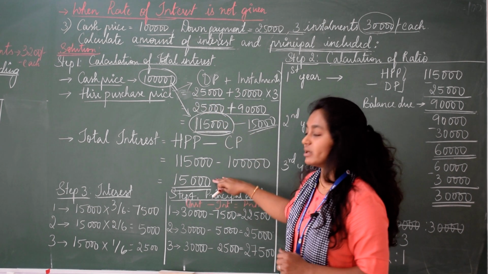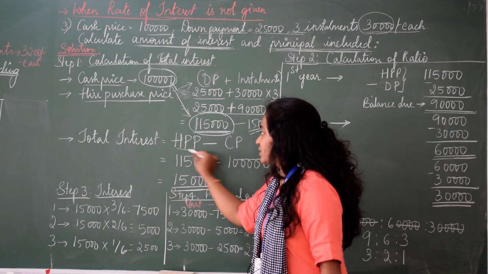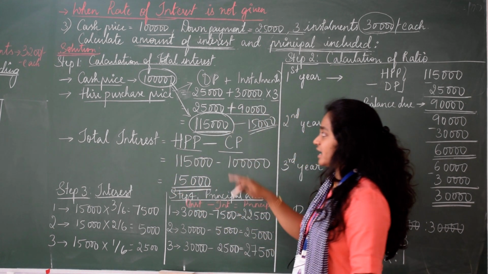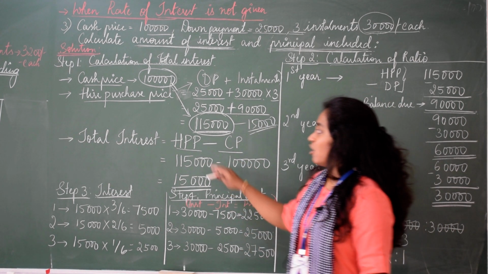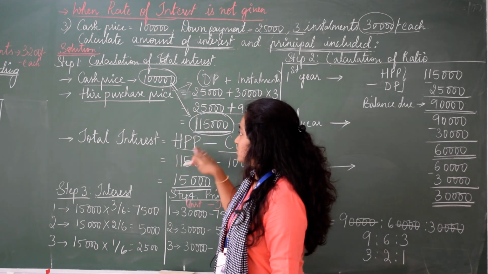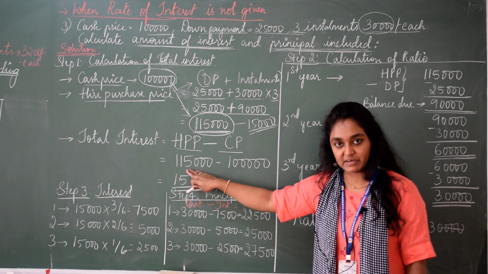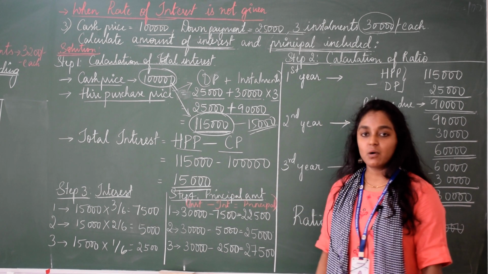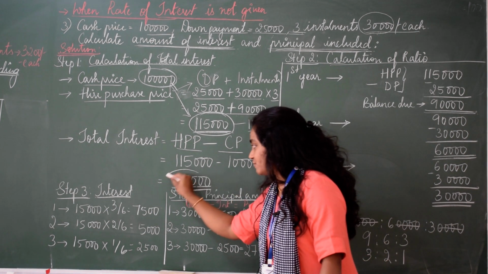But let's show it in the next level, that is, the total interest will be hire purchase price minus cash price. Again, this is a small formula or format that we follow to find the interest. Always after finding the hire purchase price, try comparing both hire purchase and cash price. Hire purchase price is 1,15,000, cash price is 1 lakh. When you deduct, you get a difference of 15,000.